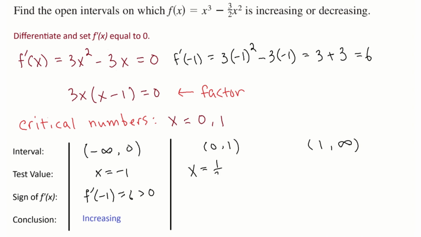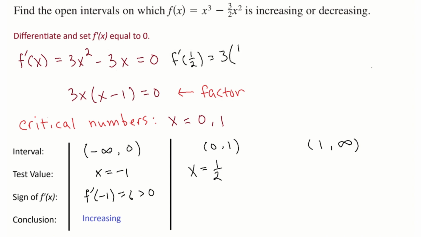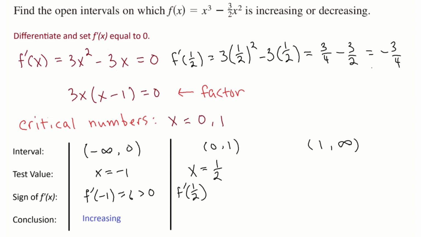Let's pick x equals 1/2. F prime of 1/2 is 3/4 minus 3/2 equals negative 3/4. Since f prime is less than 0, the function is decreasing on that interval.